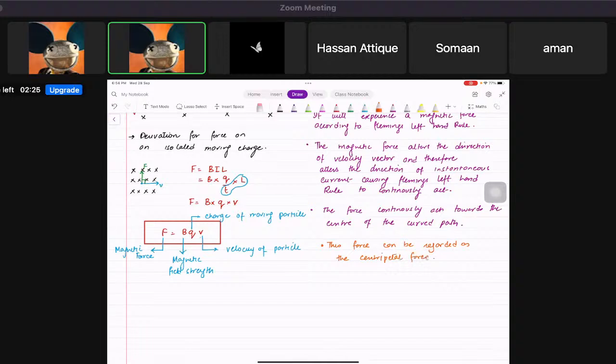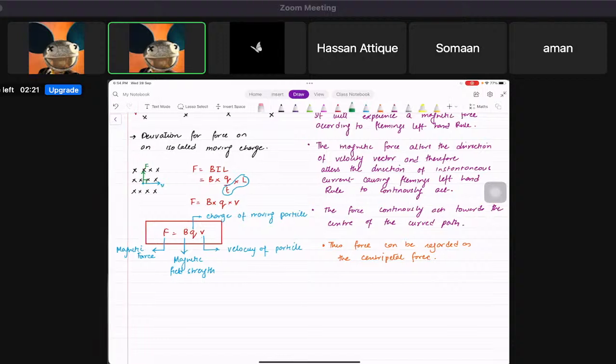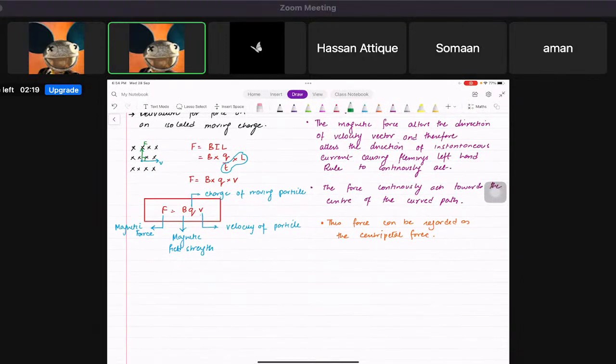If we do that, can I say that the magnetic force is equal to the centripetal force? Magnetic force is given by BQV and centripetal force is given by mv squared over r, right? Is it clear, everybody?